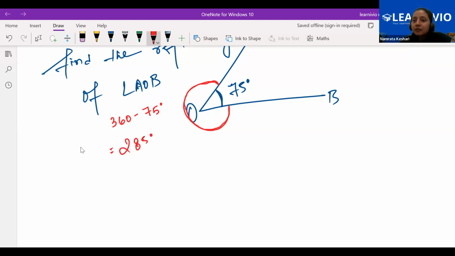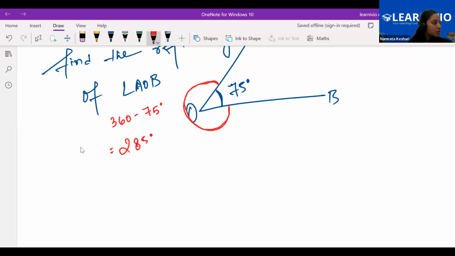So this is how we will be finding the reflex angle. Anytime it is asking about the reflex angle, that means whatever angle you can see, the remaining angle we have to find. And how will we get that? From the complete angle. If you exclude this 75 degrees, that will give you the reflex angle.